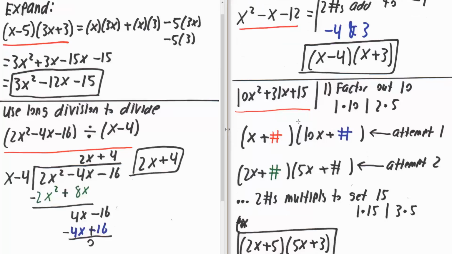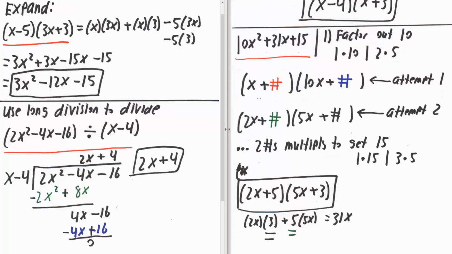So now we have 10x squared plus 31x plus 15, and we want to factor it. So the challenging part here is that there's a coefficient for this term. So how can we get 10? We can do 1 times 10 is 10, 2 times 5 is also 10. So there's two possibilities for this answer, without considering the multiplication for this and without considering the addition for this step.